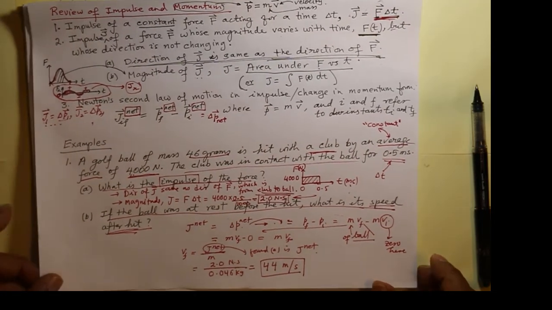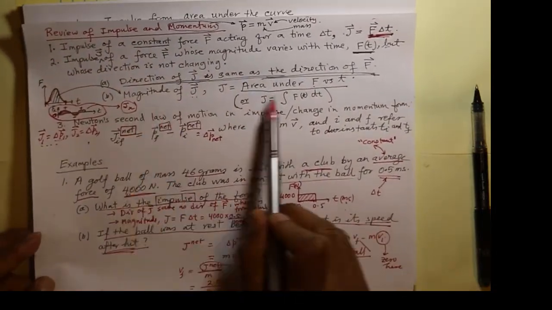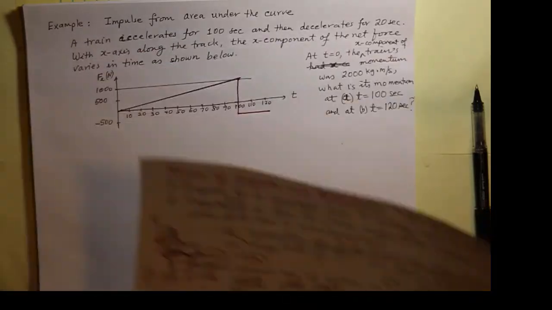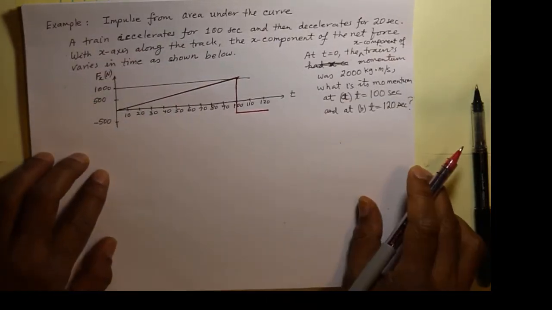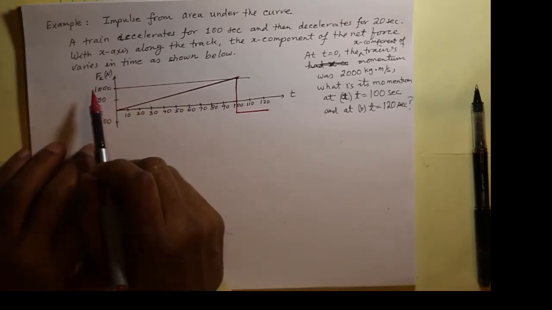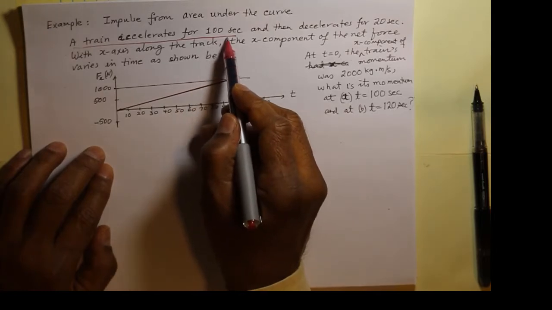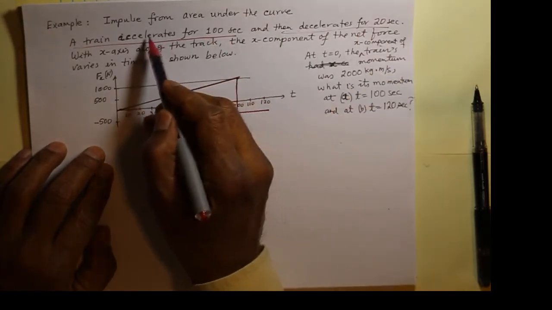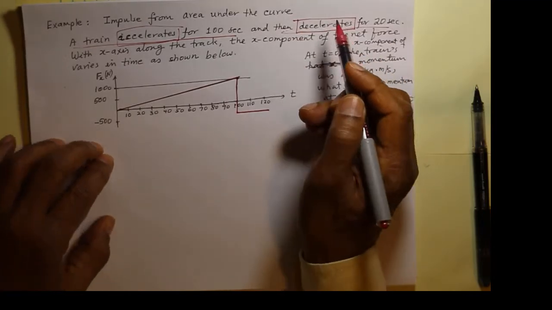We can do another example where we have to do the area under the curve. So here is an impulse as area under the curve. A train is accelerating for 100 seconds, and then it decelerates. This accelerates and decelerates is given just for the direction's sake.